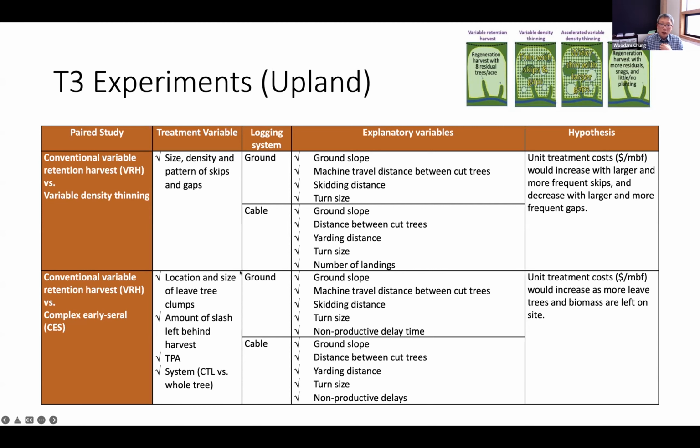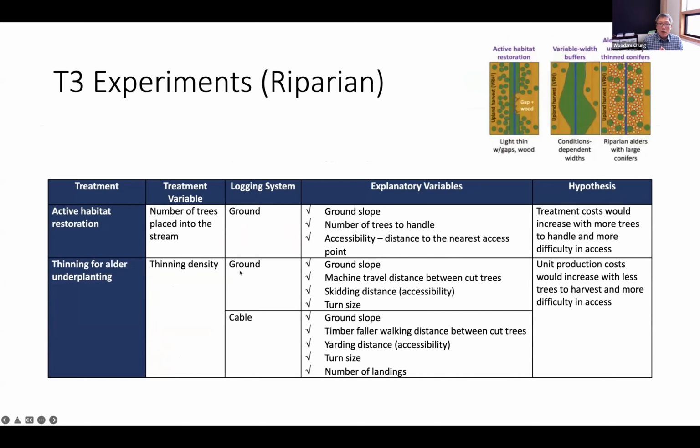And then riparian areas, I don't think we can really do paired studies, because a paired study works when we can do a similar job but in different ways. But riparian, basically, is like an absence and presence, whether we do it or not.